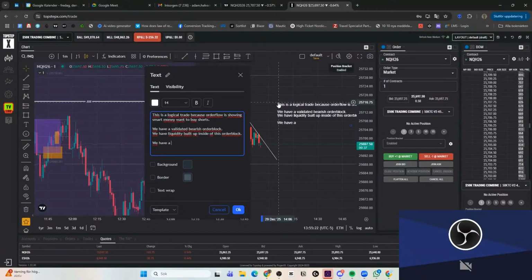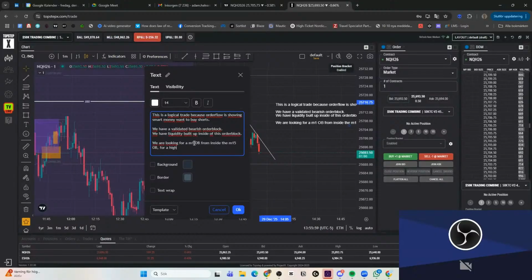We have an M15 order block, and we are looking inside the M15 order block for high risk reward setup.